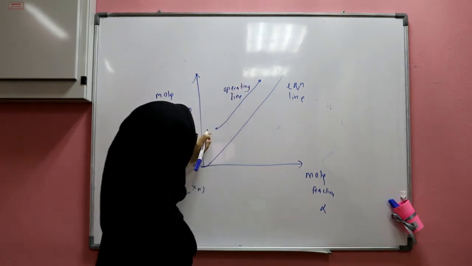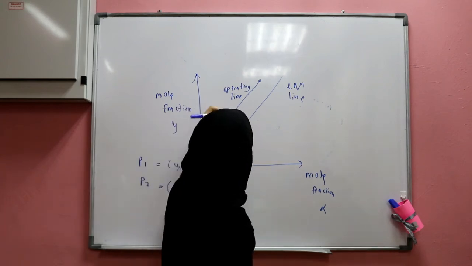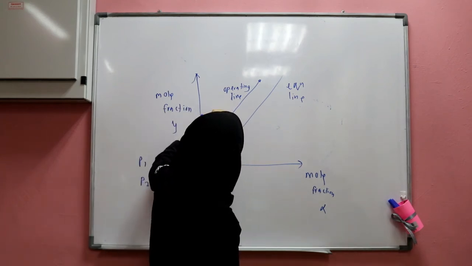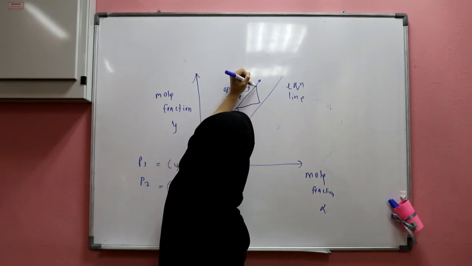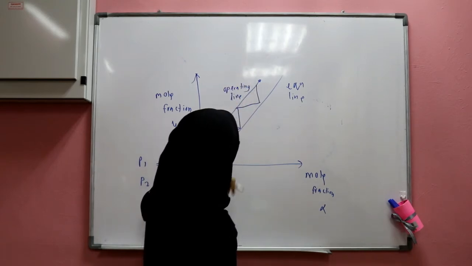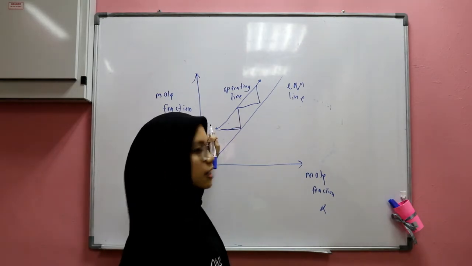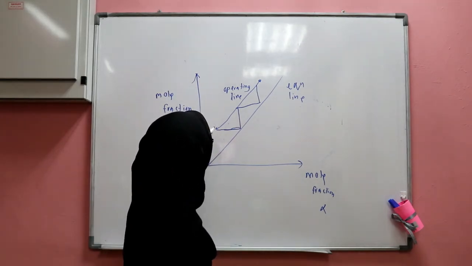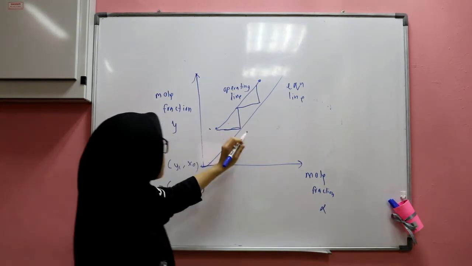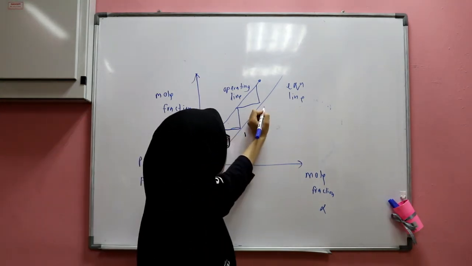We will connect the operating line to the equilibrium line. Okay, so if we want to calculate the stages, the step from the operating line connecting to the equilibrium line is 1 stage. So there are 2 stages.